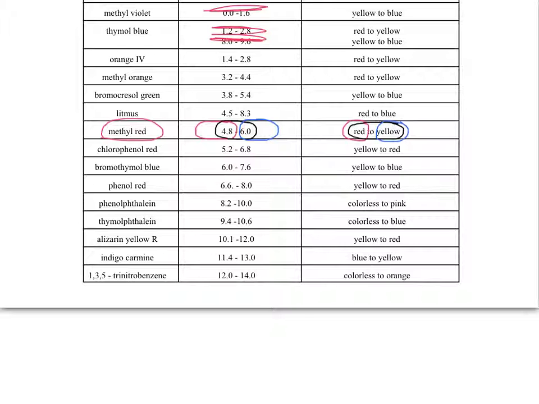Orange 4 has an indicator range of 1.7 to 2.8, that does not work. Methyl orange doesn't work, bromocresol green does not work. Litmus has a range of 4.5 to 8.3, and 7 falls between here, so litmus will work. Methyl red does not work in this case, it only has a range of 4.8 to 6.